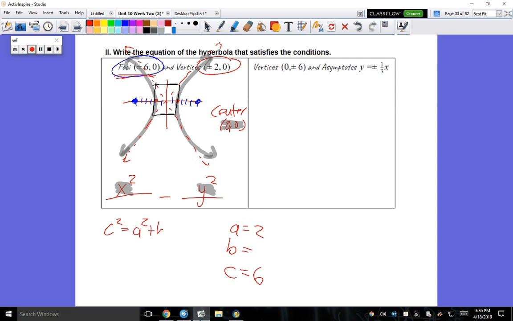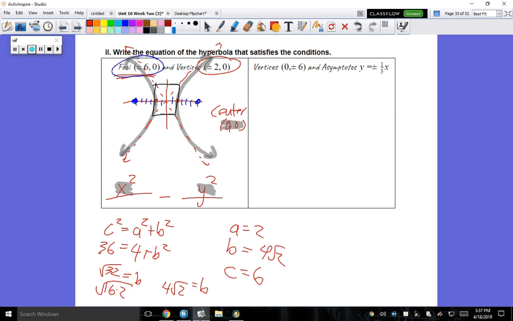Nice, guys. Okay, so a squared is 4 plus b squared is 36. Subtract. b is the square root of 32, which you can bring out as 16 times 2, which will come to 4 root 2. Okay? That's a little bit less than 6. So b is 4 root 2.